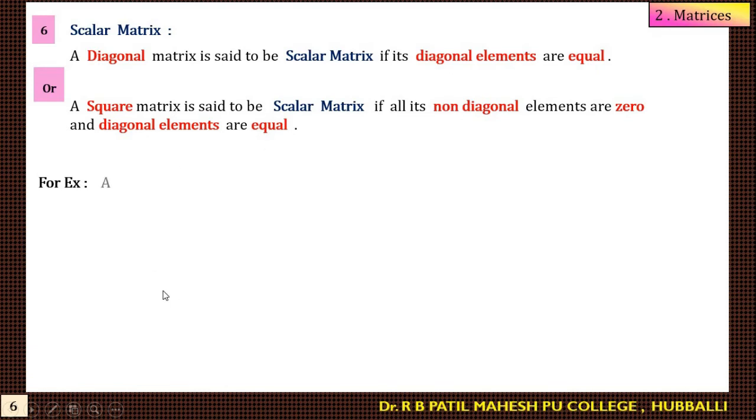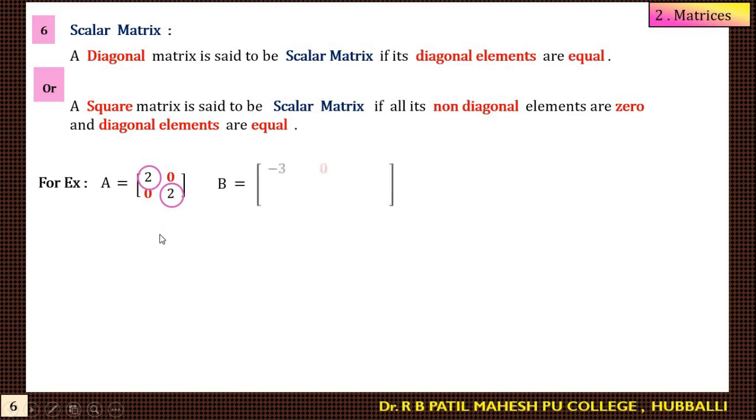For example, A is equal to a square matrix of order 2: 2 0 0 2. So in this example, you can see that the diagonal numbers are 2 and 2. They are the same numbers, and non-diagonal numbers are 0. So therefore this matrix is called a scalar matrix.